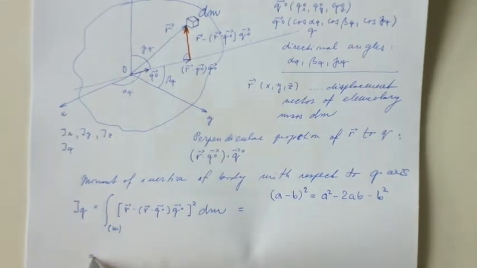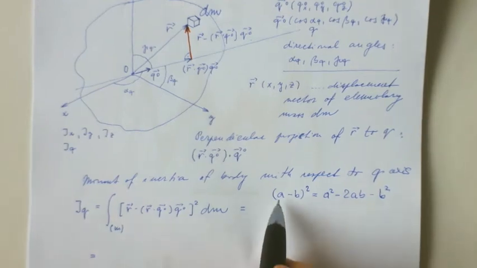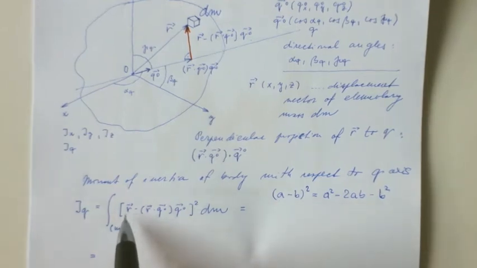So I can continue. Here a is r, so I can write that it is r square minus 2r by all this.